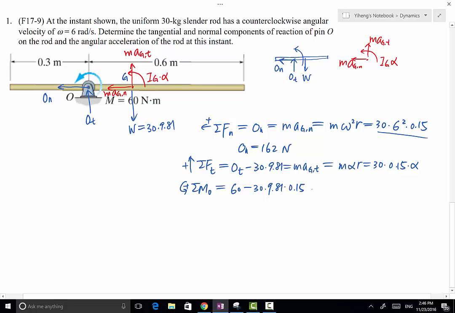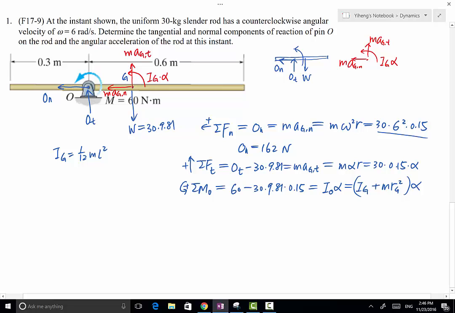On the right hand side, we will have I_O alpha, which can be determined from I_G using the parallel axis theorem. For a uniform slender rod, the mass moment of inertia about its own gravitational center, about this axis passing through point G perpendicular to the screen, is 1/12 m l squared.